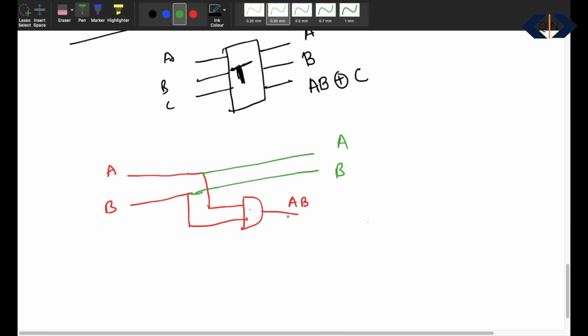Now we can see that in the output we are having A, B and AB, three outputs, but in input we are still having only two. So what we can do, we can additionally add another input C.